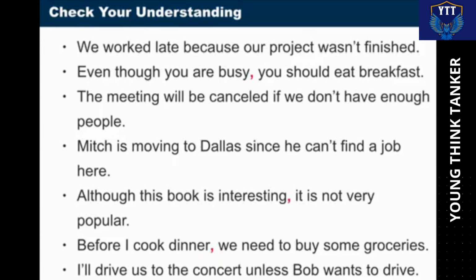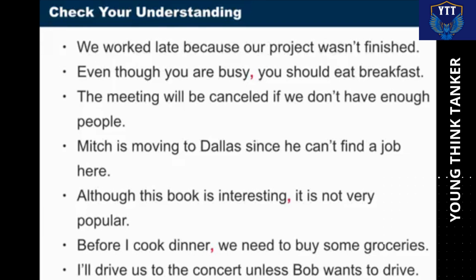Let's check your answers. How did you do? We don't put a comma on the first one because we started the sentence with an independent clause. You don't put a comma when because is in the middle of the sentence. The second sentence has the adverb clause connector even though, and it's starting the sentence. So our dependent clause is in front of the independent clause.